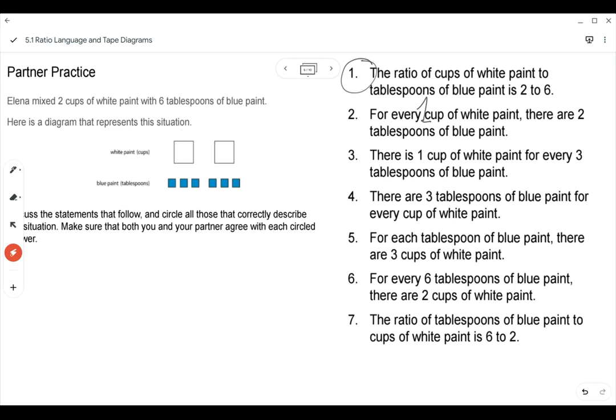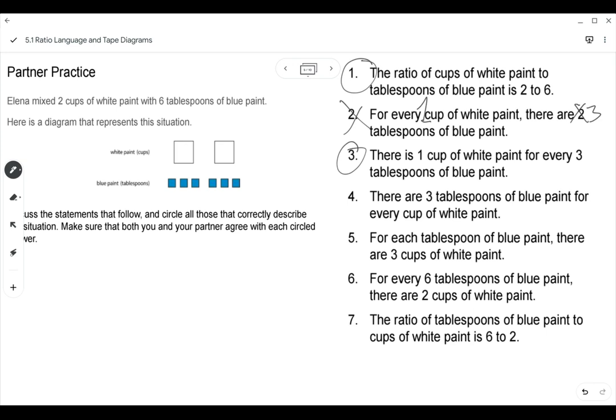Wait. For 1 white, it says there's only 2. I think that's false. There should be 3. There is 1 cup of white paint for every 3 tablespoons of blue paint. There it is. That's the true statement that fixes number 2.